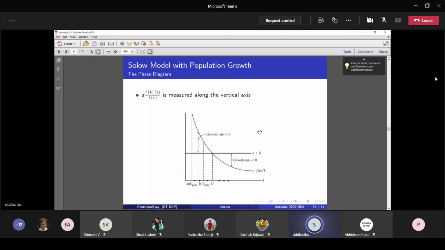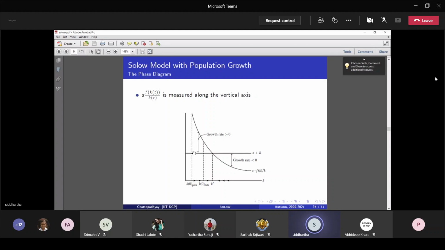What it basically shows is that the poor country, with a lower initial capital stock, in fact has a higher growth rate in the short run. Remember, this difference graphically, above n plus delta and below SF(K)/K, represents the per capita capital stock growth rate in the short run.